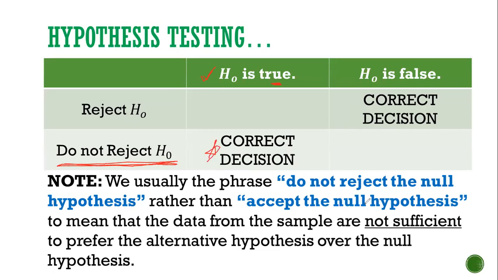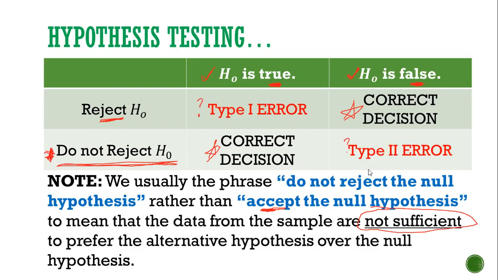So, found out mo na, ay, false pala siya. So, what's the right decision? Since false siya, i-reject mo siya. Reject your null hypothesis. Ganun naman dapat, di ba? Kung tama, wag mong i-reject. Kung mali, i-reject mo. So note, we usually use the phrase, do not reject the null hypothesis rather than accept.